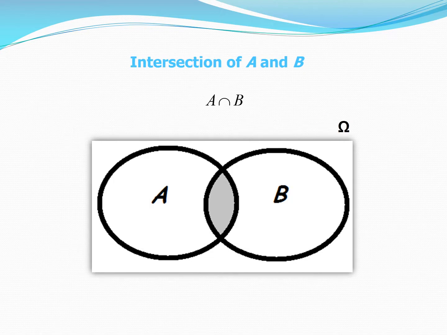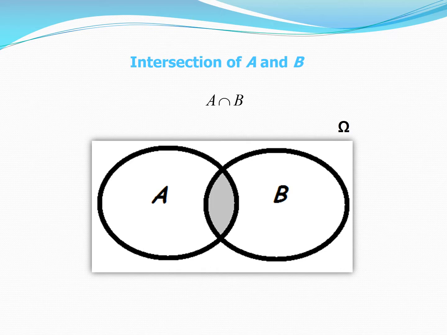In intersections of sets A and B, we use this notation, A and B, and here we only consider the points or the elements that occur in both A and B. So where sets A and B overlap, the shaded region will contain all the points or elements that occur in both of those sets.